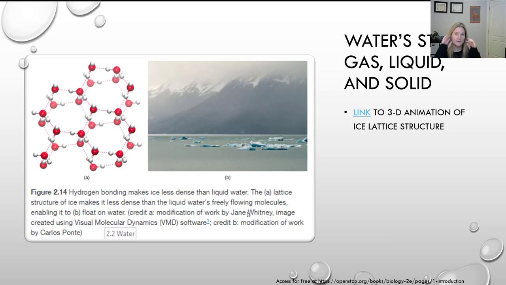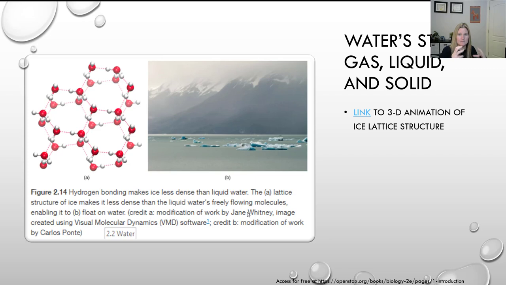When we start seeing the temperature drop, the water molecules will form those hydrogen bonds with each other, but because the temperature is colder, the molecules are not going to be moving as fast. And so we'll see those hydrogen bonds remaining intact longer.